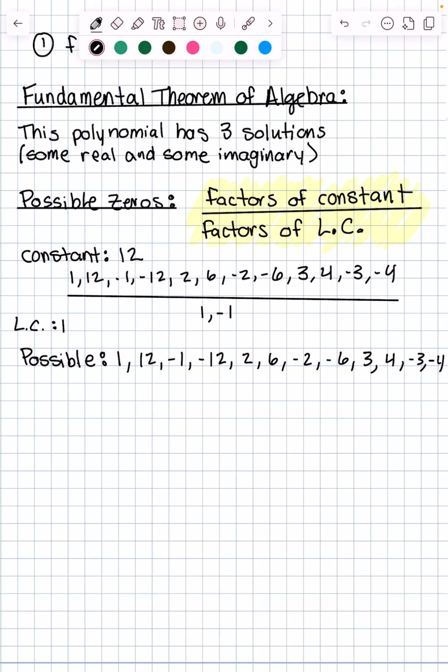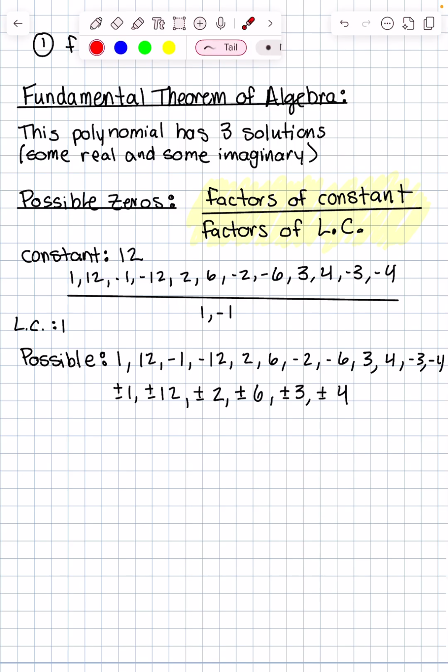And actually, you could write that as plus or minus 1, plus or minus 12, plus or minus 2, plus or minus 6, plus or minus, oh, I wrote a 3 when I meant a 6, but 3 is also a possible zero, but plus or minus 3, plus or minus 4.